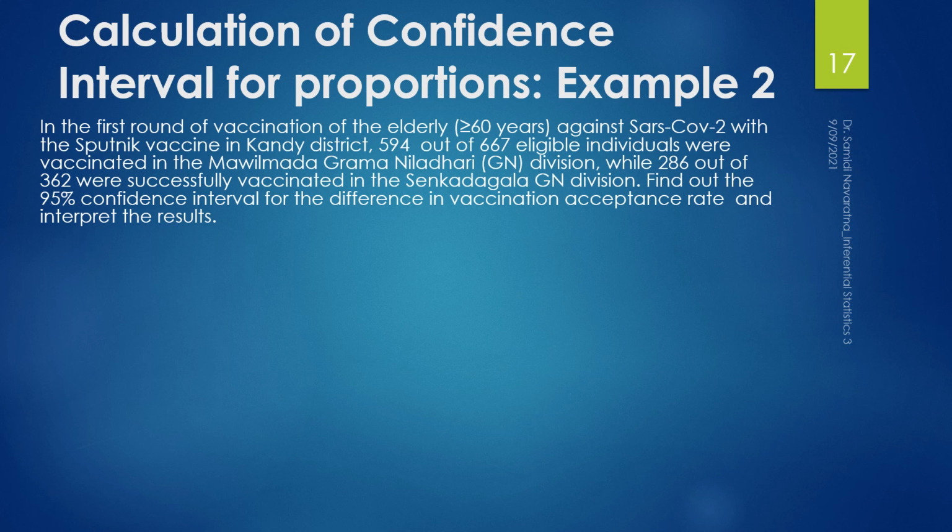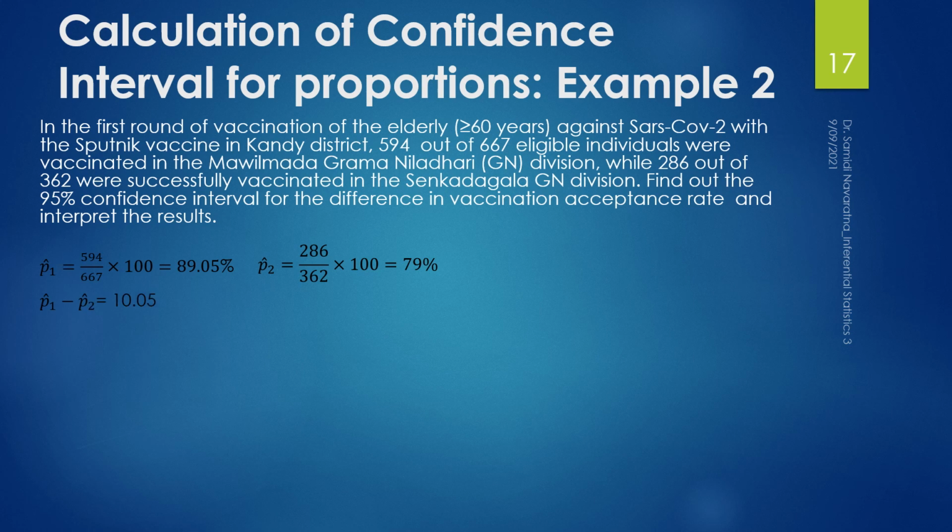So first we need to find the vaccine acceptance rate for each Grama Niladhari division. For the Mavilmada Grama Niladhari division, it's 89.05%, and for the Senkadagala Grama Niladhari division, it's 79%. So the difference is 10.05.